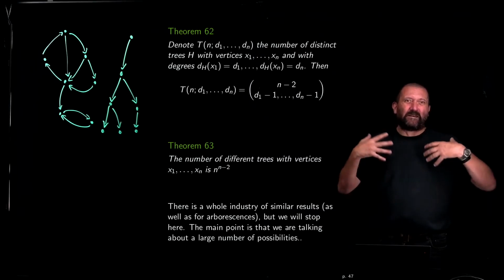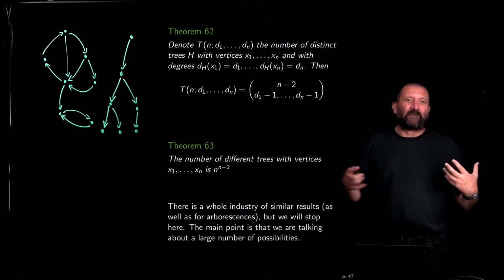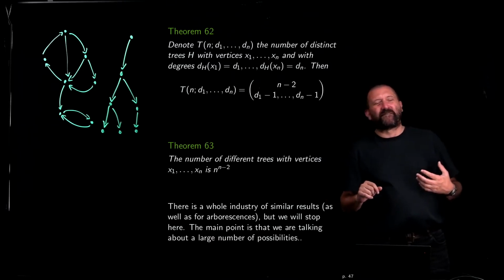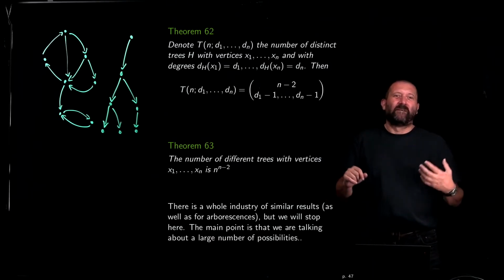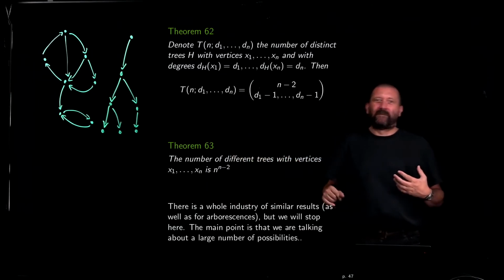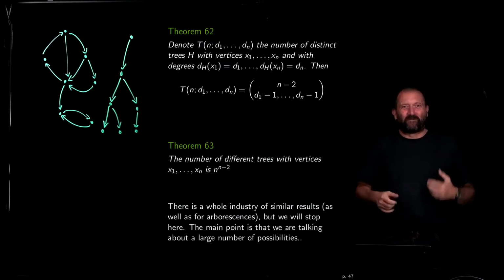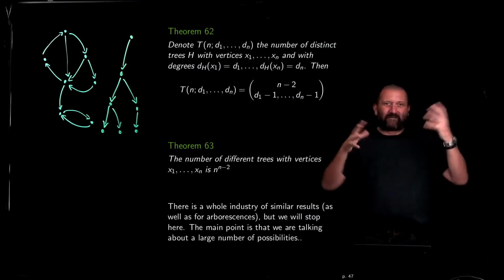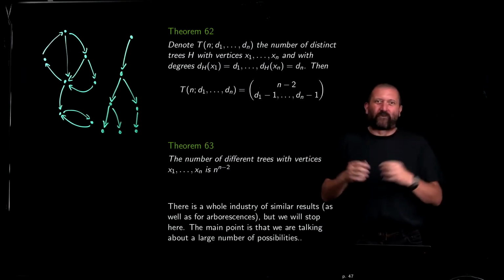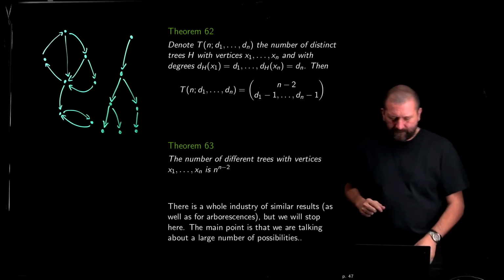If I wanted to enumerate every possible tree with 100 vertices, I would be looking at close to a googol, 10 to the 100, that would be 100 to the 98. These are absolutely colossal numbers, so when you're looking at these permutations of possibilities of what the trees or graphs look like, you're looking at a very, very large number.